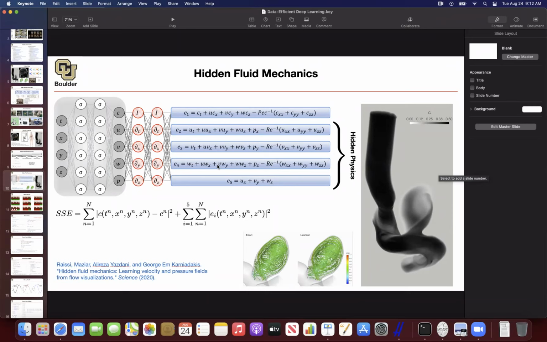You can think about the loss function. Maybe mean squared error is not the correct loss function to work with. Maybe there are better loss functions. So yeah, these are the directions. And actually more complex geometries, more complex flow, like turbulent type of flows.